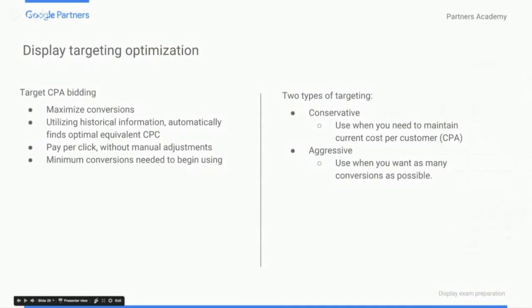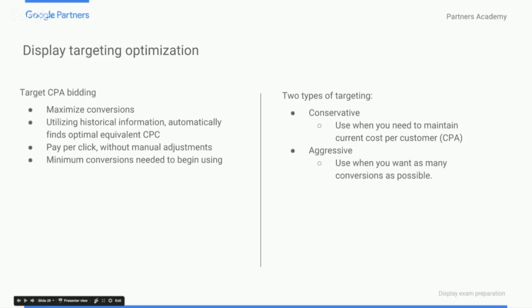And with that said, there are two more specific ways you can target. In addition, you can specify whether you want to be more conservative with your targeting or aggressive. Conservative targeting refers to when you need to maintain a current cost per click, whereas aggressive is when you want as many conversions as possible.